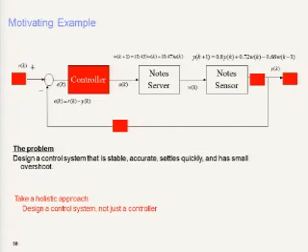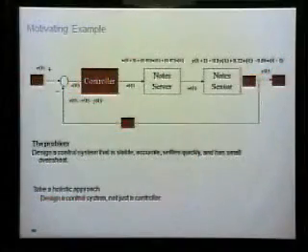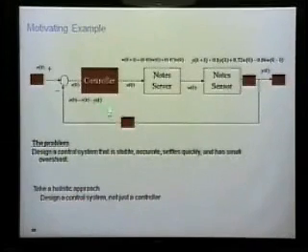The way we're going to do that is to insert some components. We can do it with the controller, and we can do it other ways as well. We can insert a transducer, we can insert a filter here, we can do something over here as well. All of these are different techniques we can use when we design a control loop.